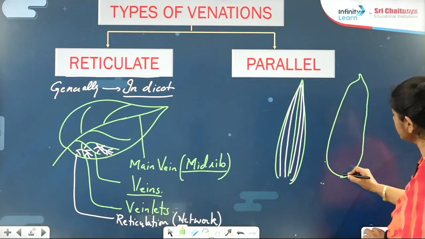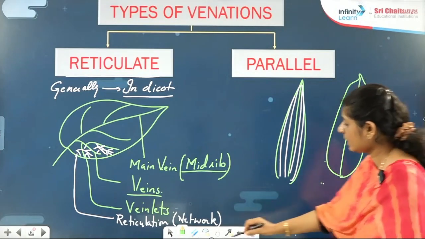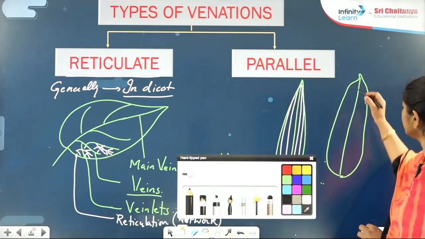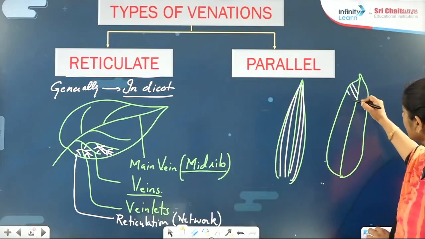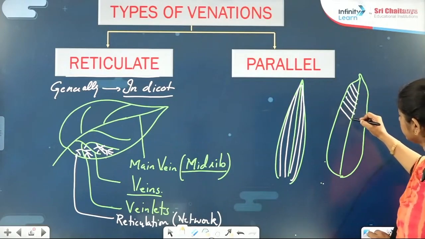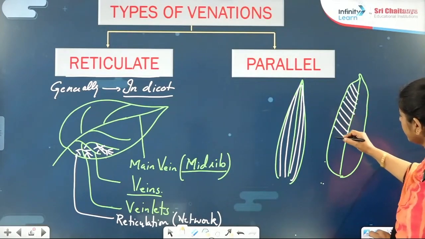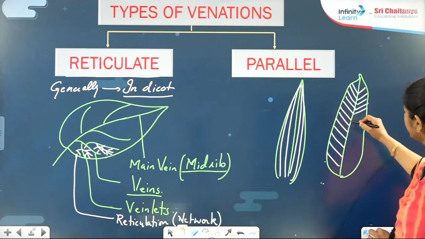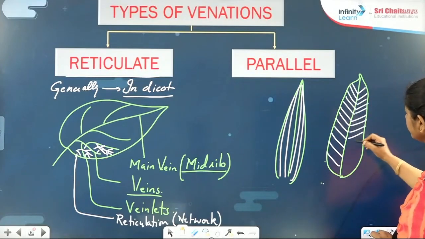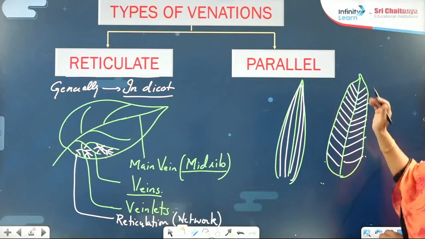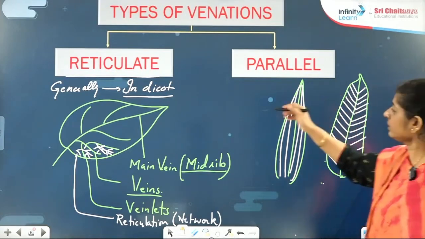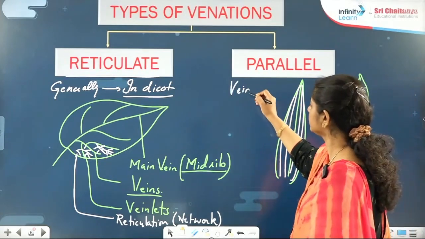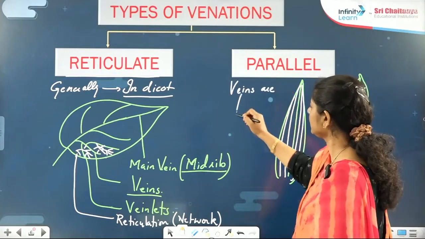In other cases, this is the midrib and the veins are parallel to each other. This is which type of venation? Parallel venation, right? So the main thing you must remember here: what is parallel venation? Where the veins are parallel to each other.